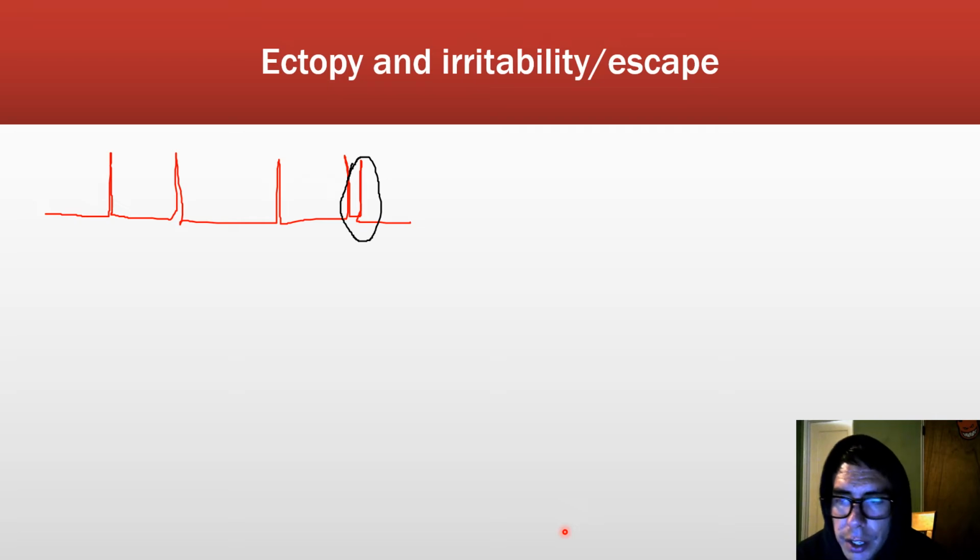On the other side of that, we have escape. Escape is basically, your heart likes to jam out, so it really likes cool beats. Haha, get it? Beats, heart. But it anticipates the rate that your heart's firing at, so all the cells know if your heart is beating like that, it knows to expect that.